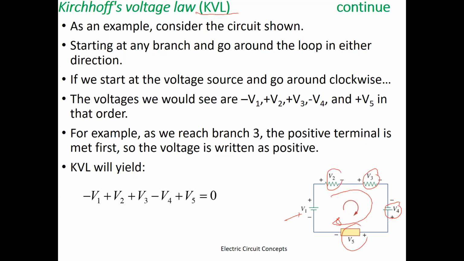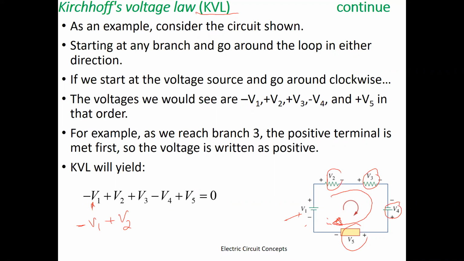When we start with V1, if we look at the current flow, see the arrow here? This arrow at the beginning is going to hit the minus sign. So the sign of V1 will be a minus V1. Same thing here, and then when the current comes to V2, it is going to hit the plus sign of V2. So V2 will take a plus sign.